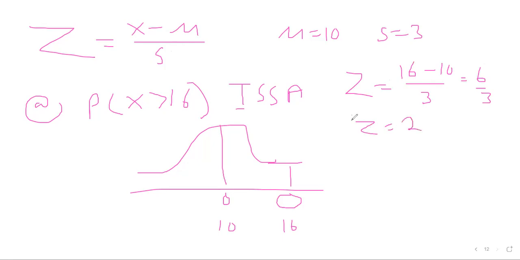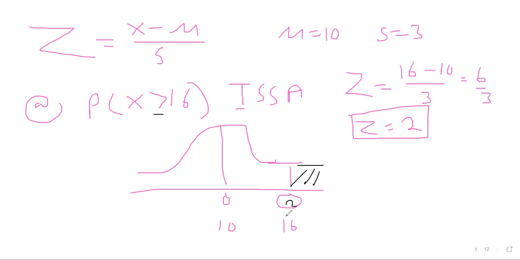This simply means that this 16, when you standardize it, is as good as 2. Now it says shade. We're going to shade to the right because this is greater. Standardize means how can we interpret this 16 in terms of Z? It's as good as 2.